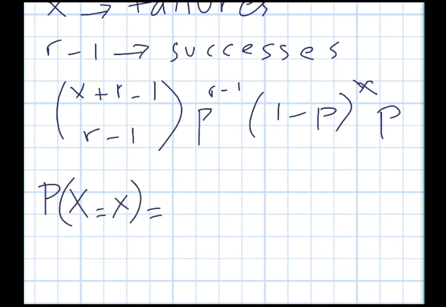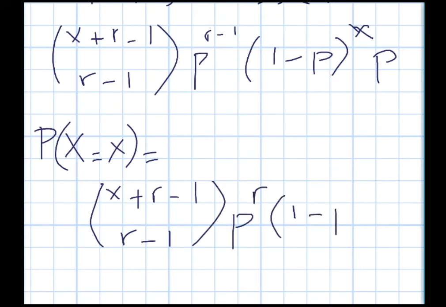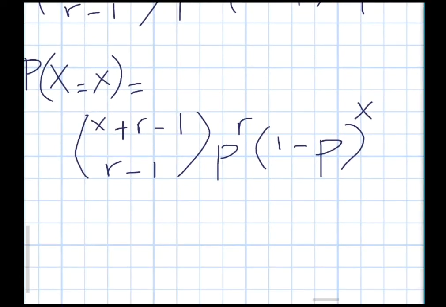This is equal to x plus r minus 1 choose r minus 1, p to the r, 1 minus p to the x. What is the range of x? x can be anything from 0 to infinity, all whole numbers.